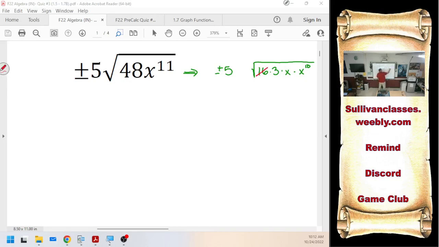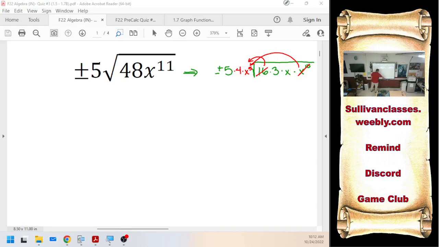Square root of 16 is 4. Square root of x to the 10th is x to the 5th. That's it. You just do what's outside, what's inside. I would bet out of the entirety of the two classes, 30-ish kids, there's probably only 2 or 3 who could do that consistently. You have to be really good with your number facts.